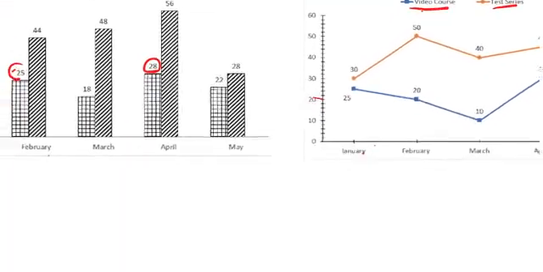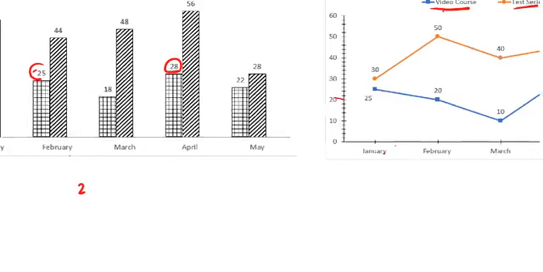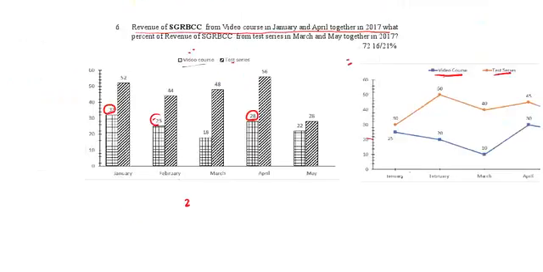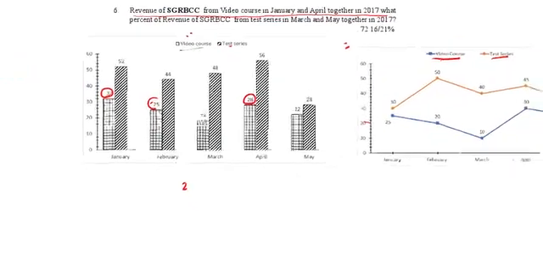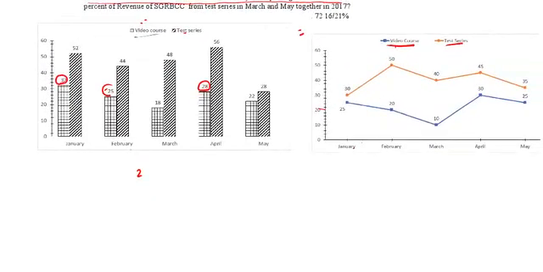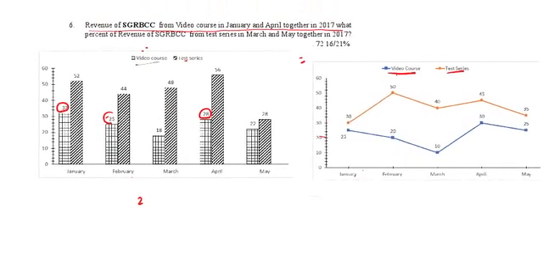So what we have to do? January is 32 into 25% increase, 5 by 4, plus April.